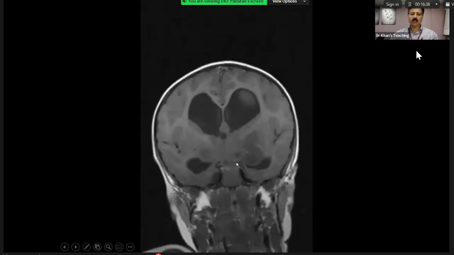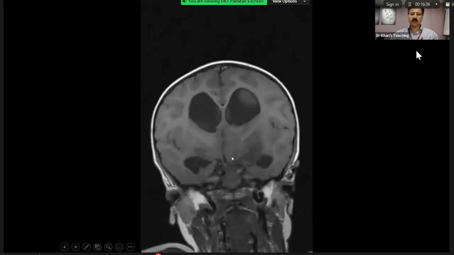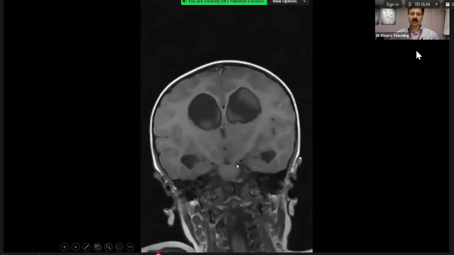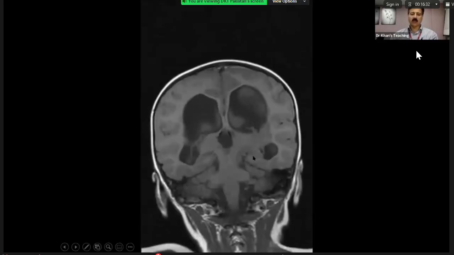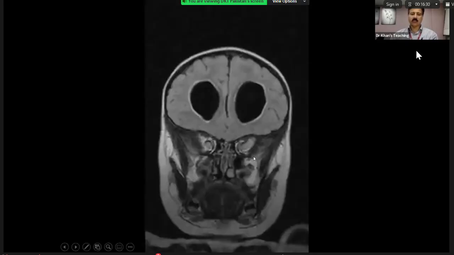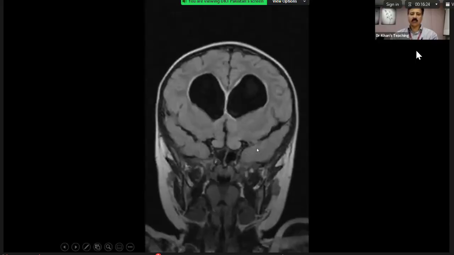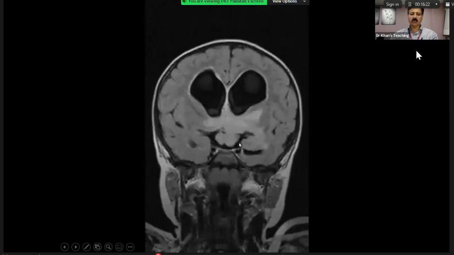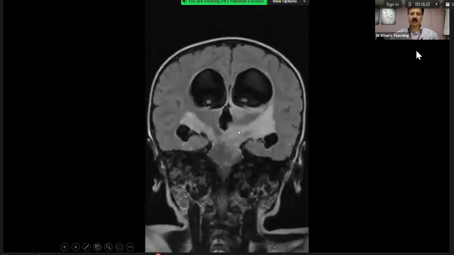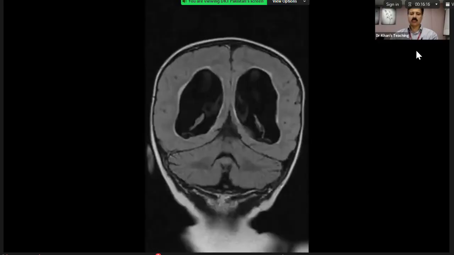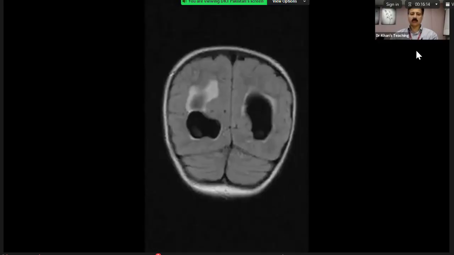Then you can see that the tumor goes along the optic tracts and on the left side maybe to the radiation. This is a flare sequence, and then the optic chiasma, and you can see how it goes posteriorly. If you don't see it, you will be absolutely lost. So that's why I wanted to show it to you.